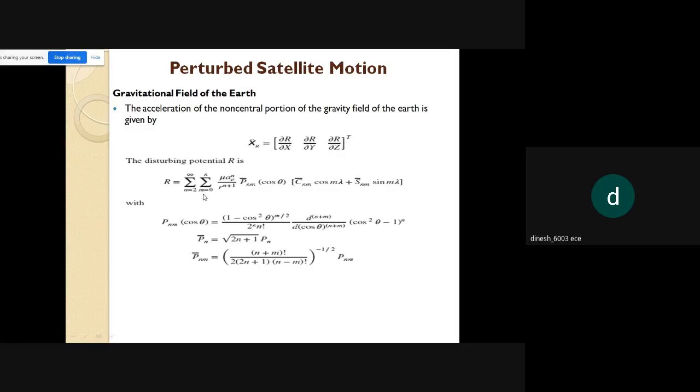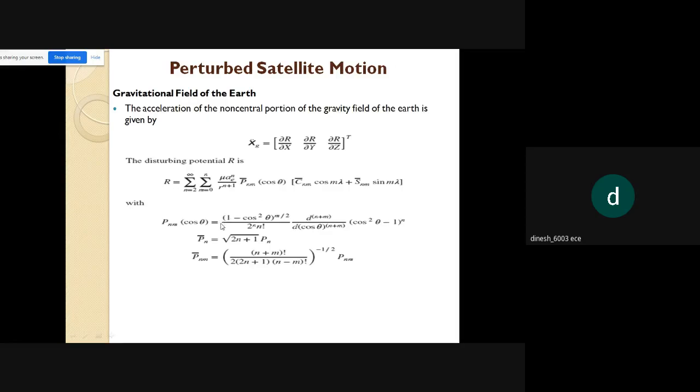Summation n is equal to 2 to infinity, m is equal to 0 to n, mu a exponential n divided by r power n plus 1, Pnm cos theta into Cnm cos m lambda plus Snm sin m lambda. So what is this Pnm cos theta?